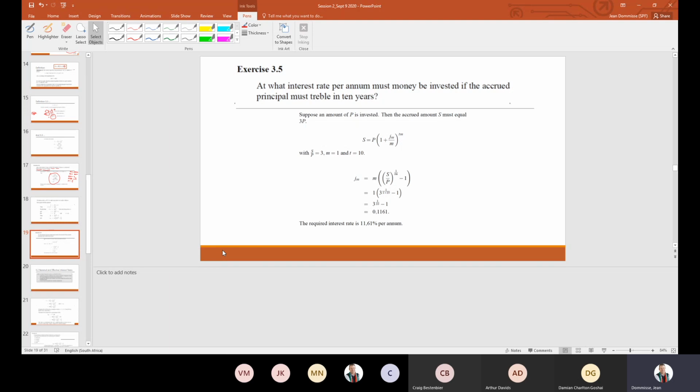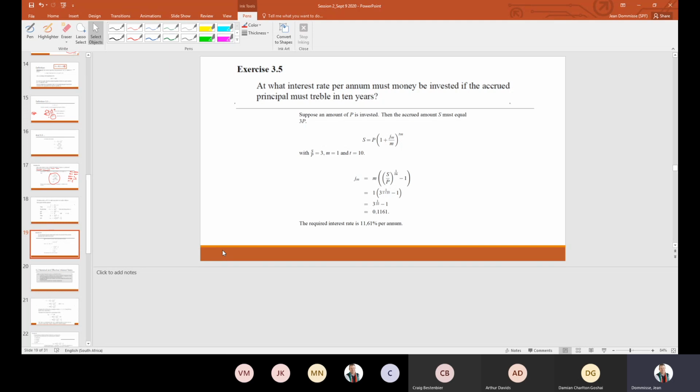Okay, so this one you can also do with a calculator. And a lot of times one looks at this and says, but oof, they don't give me a present value, they don't give me a future value.